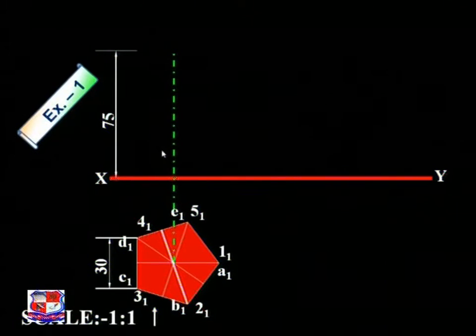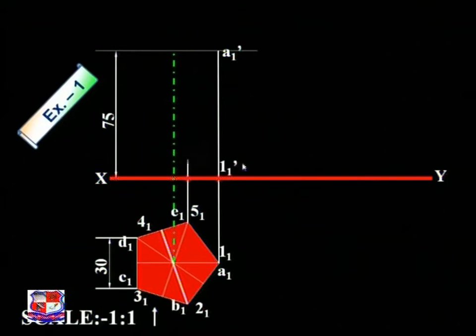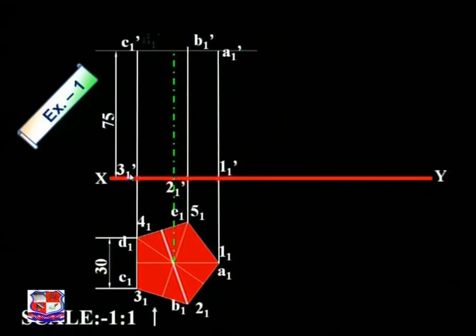Now the height of this solid is given, that is 75 mm. So at a height of 75 mm from this XY line, mark a point and draw projection lines from this corner, that is 1. Name the endpoints A1 dash, 1 dash from 2 and 5, draw projection line here, B1 dash and 2 dash would be at the bottom, projection line from 3 and 4, so C1 dash, 3 dash would be here, D1 dash and 4 dash would be here.